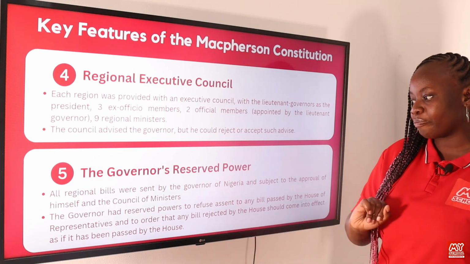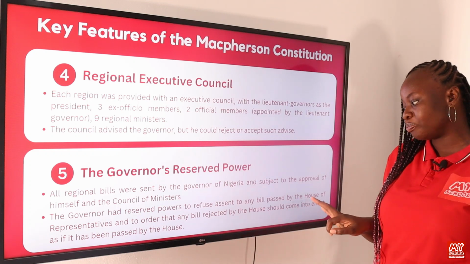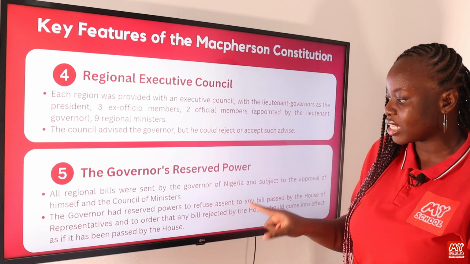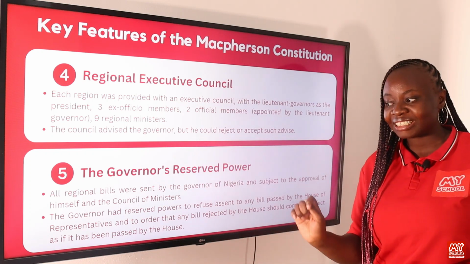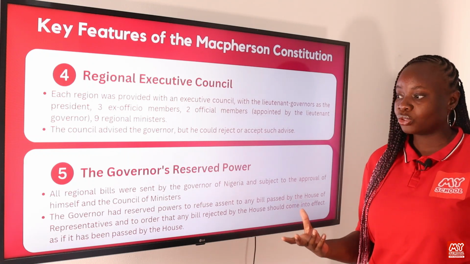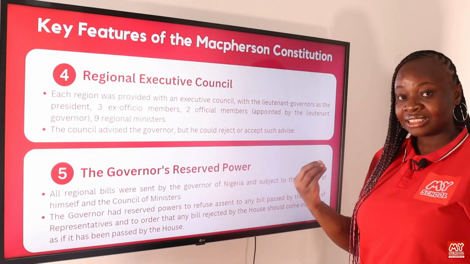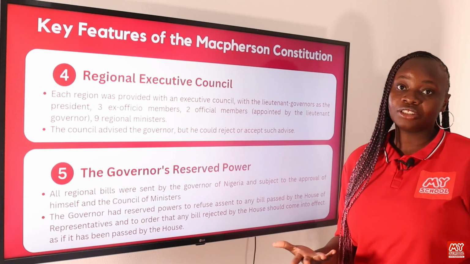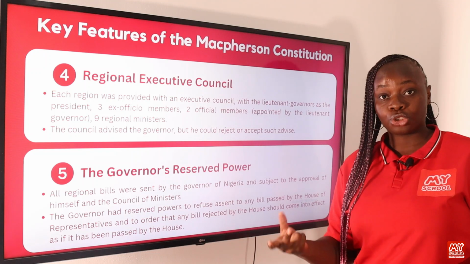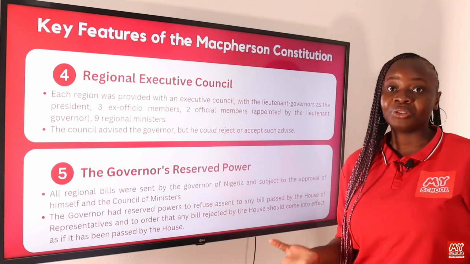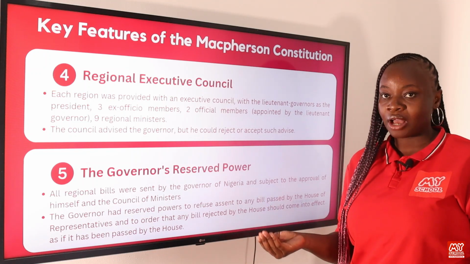So the governor had reserve powers to refuse to assent any bill passed by the House of Representatives and to order that any bill rejected by the House should come into effect as if it has been passed by the House. So this also shows that in spite of the fact that Nigerians have been elected into the legislature, they have no real power because the governor can still choose to accept or reject any of the bill that has been discussed in the legislative house.